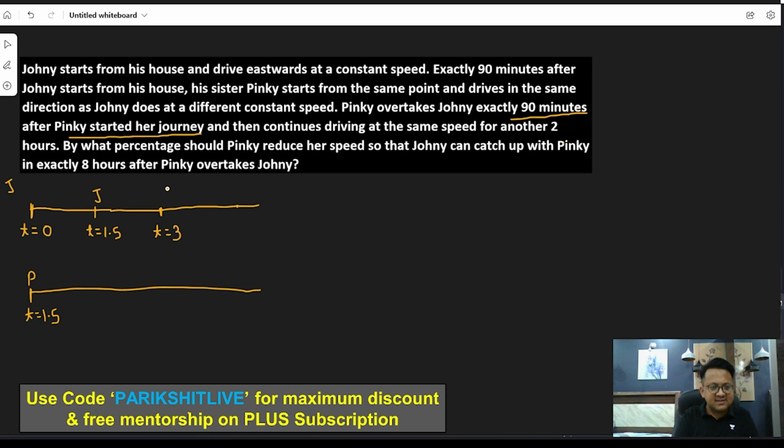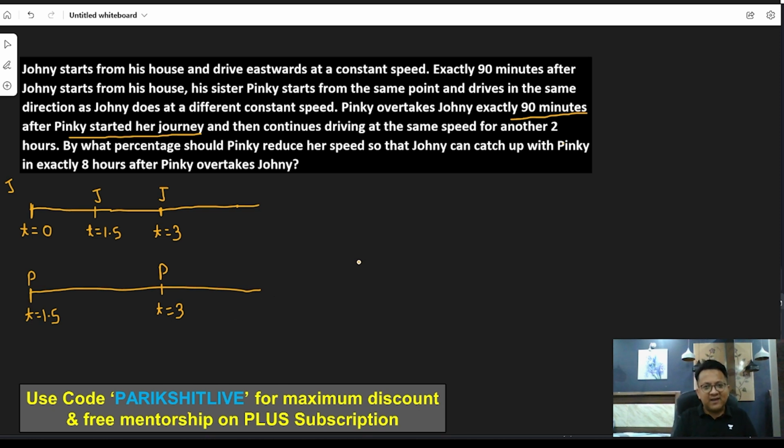Pinky overtakes Johnny. So at t is equal to 3 hours, Johnny and Pinky will be exactly at the same point.